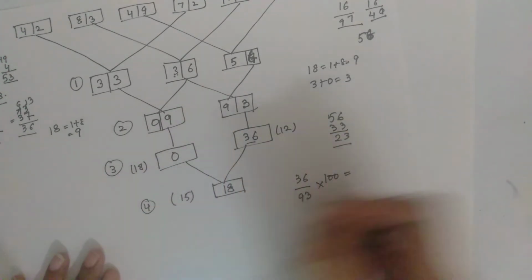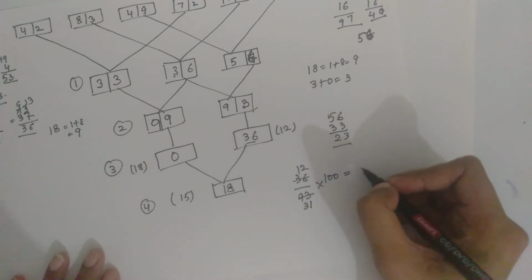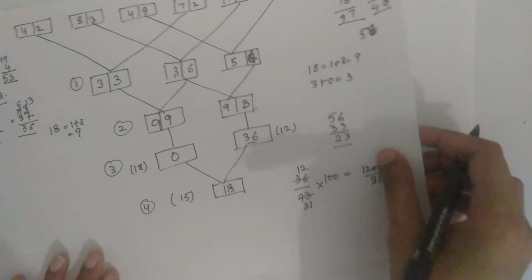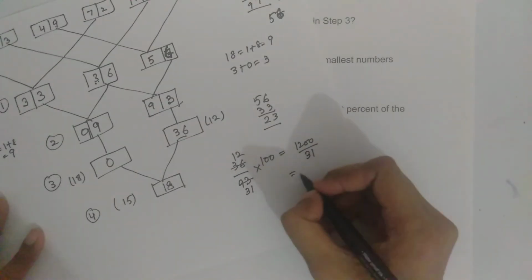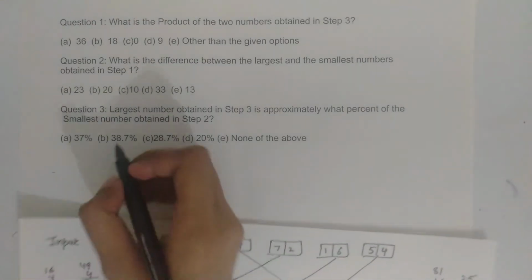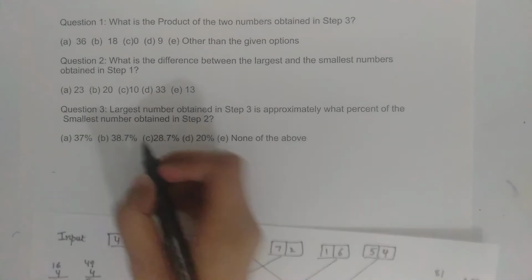Multiply by 100. When you divide 1200 by 31, you are going to get approximately 38.7%. So the right answer is option B, that is 38.7%.